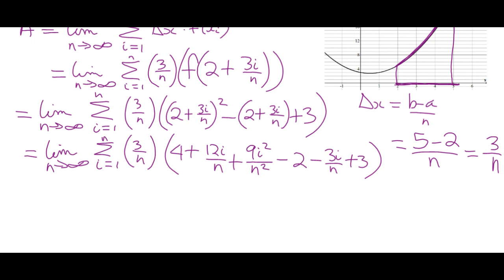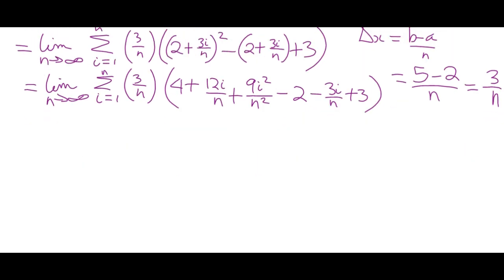Okay, so we squared the first set of brackets, we subtracted the second set of brackets, we added the 3. All right, so do we have any like terms? Yeah, we got some numbers, and we've got these two. So it's the limit as n approaches infinity of the sum of i equals 1 to n of 3 over n.